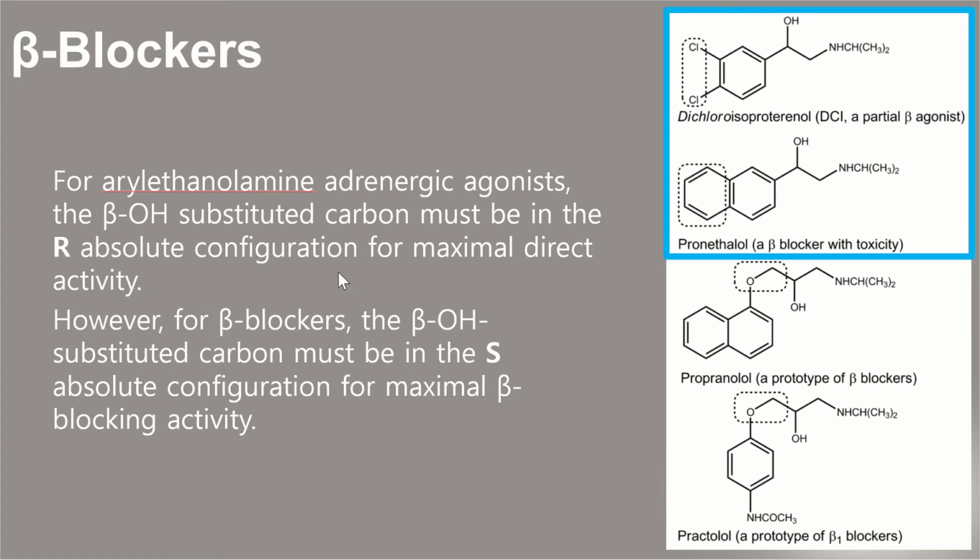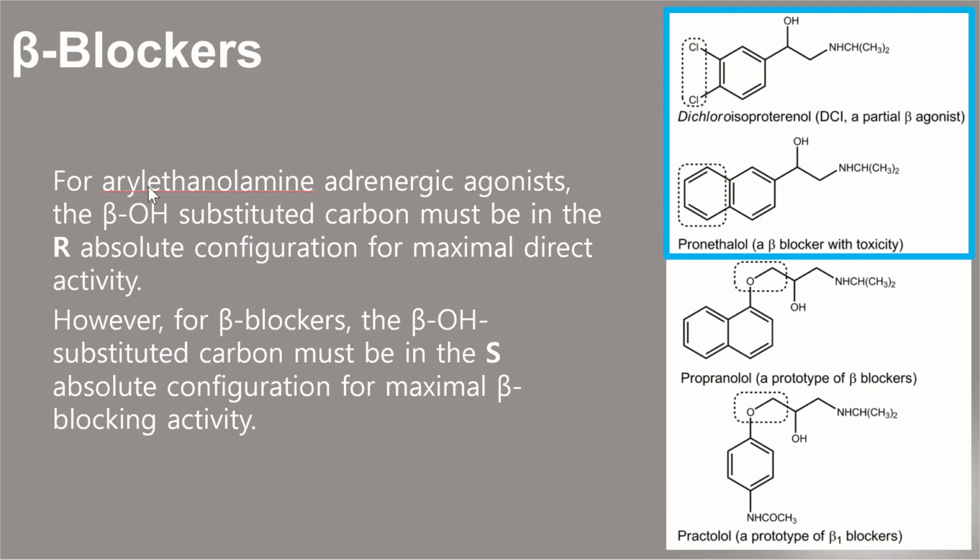As we have seen with our neurochemicals, the R configuration was important for agonist activity, and here the S absolute configuration is important for blocking activity. These are specific to our aryl ethanol amines.